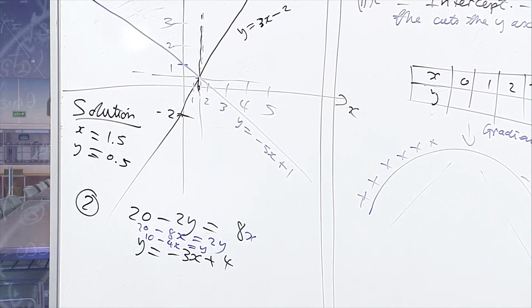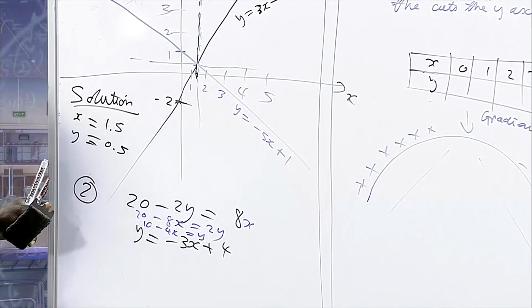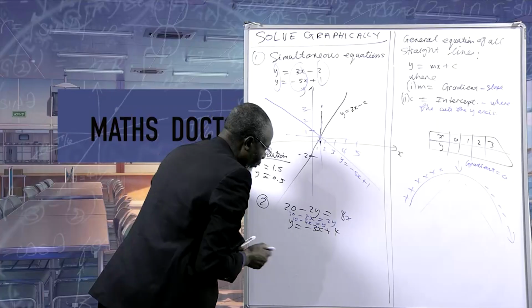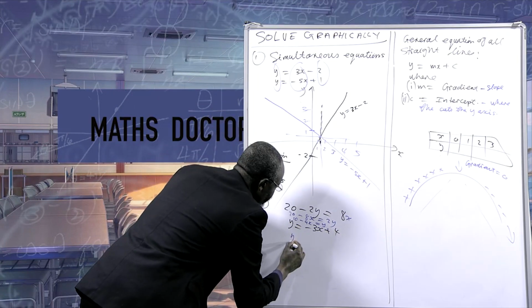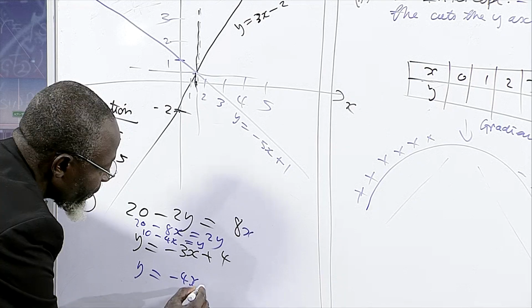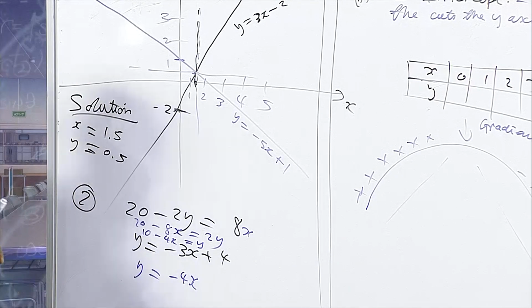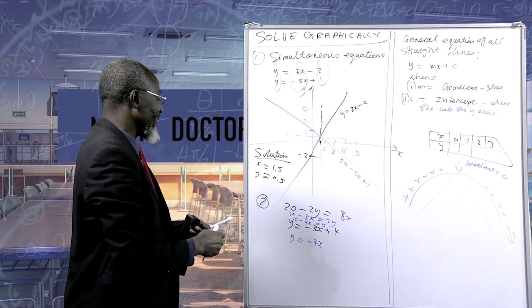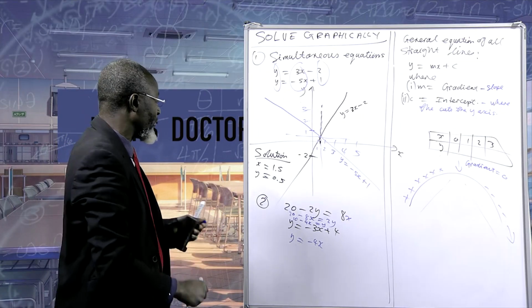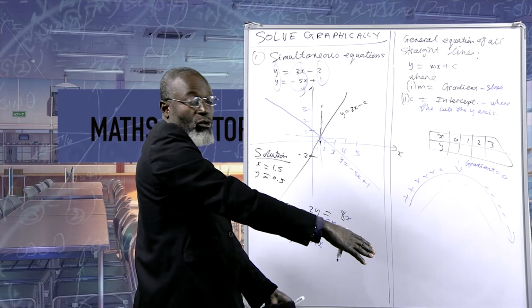I've divided throughout by 2, because I've taken this 2 that side and this 8 is coming this side. So my actual equation now becomes y is equal to minus 4x, and then I think this will not be a good example, because we've got a minus and a minus, because these lines might end up being sort of parallel.